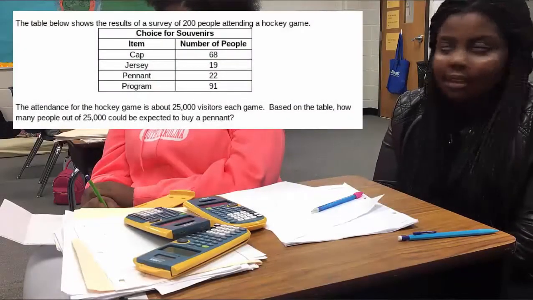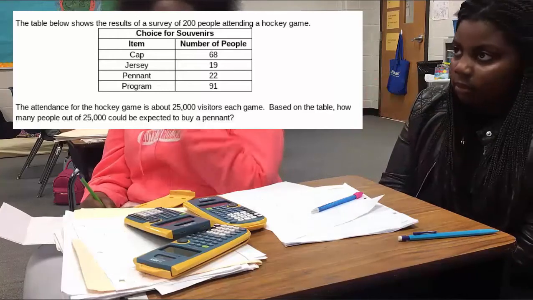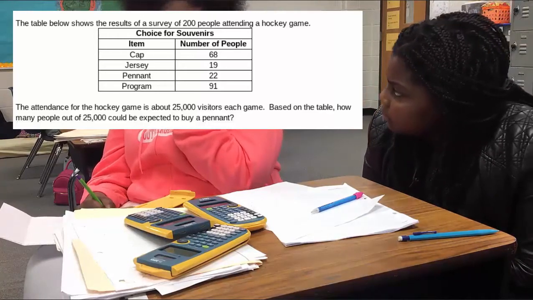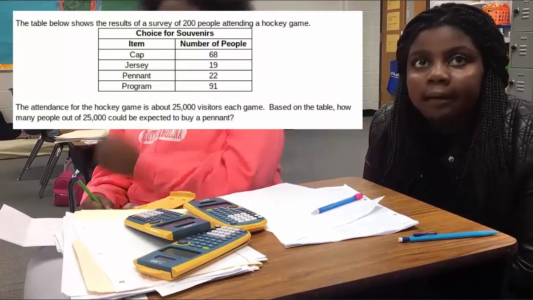In this Pass the Problem formative assessment, students must first identify the sample size and use it to draw an inference about the number of people who may purchase a pennant.